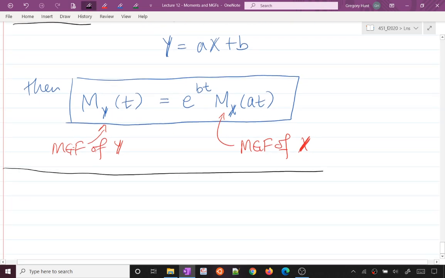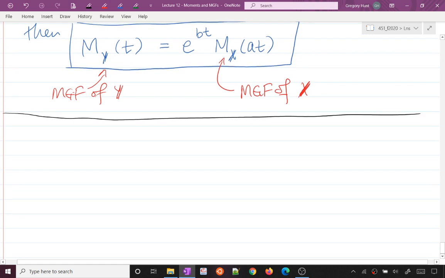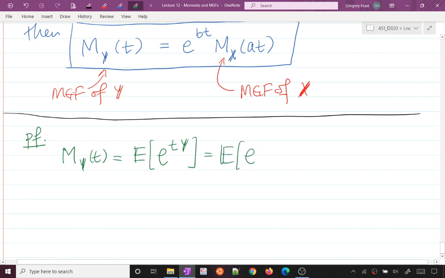This is a theorem that is pretty straightforwardly within our realm of proving. It follows pretty directly from the definition of the MGF and our theorems about how expectation behaves. So the proof you could almost write in one line. m sub y of t is the expected value of e to the ty, which we can write as the expected value of e to the t times, well, y is ax plus b.